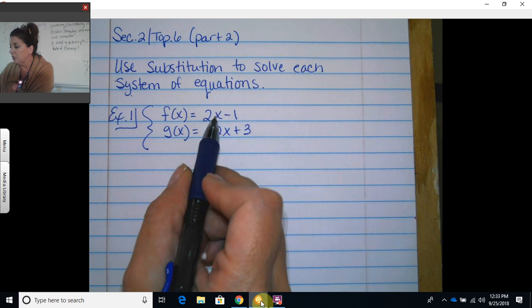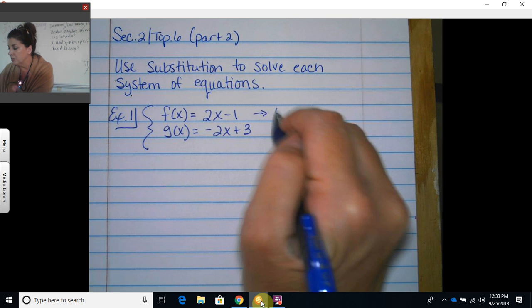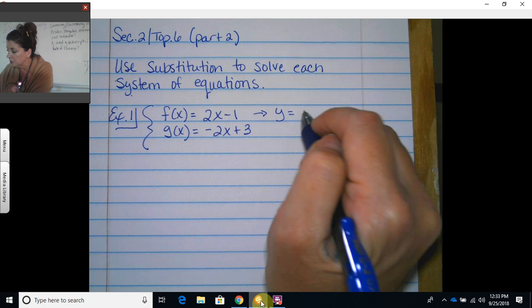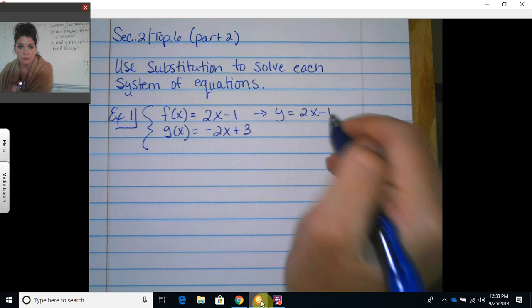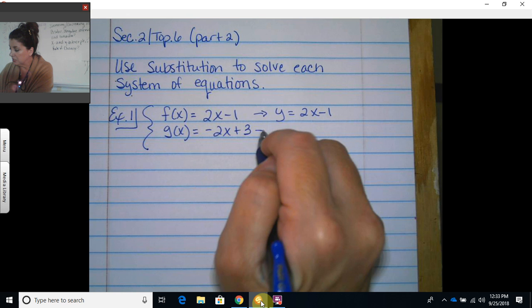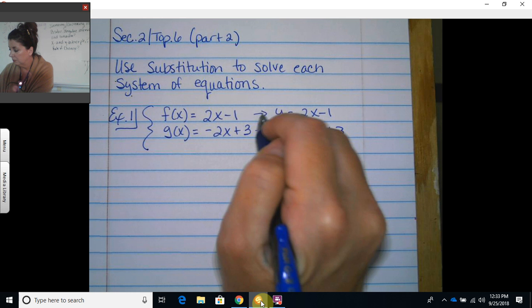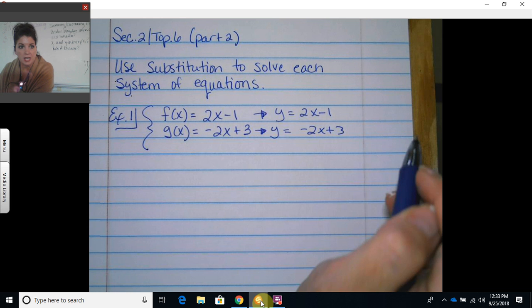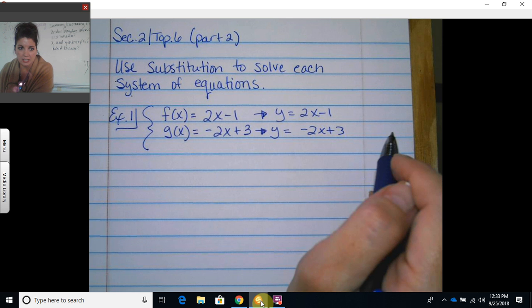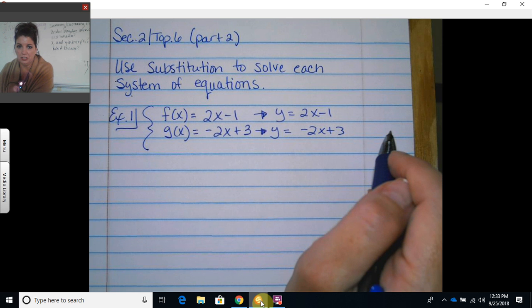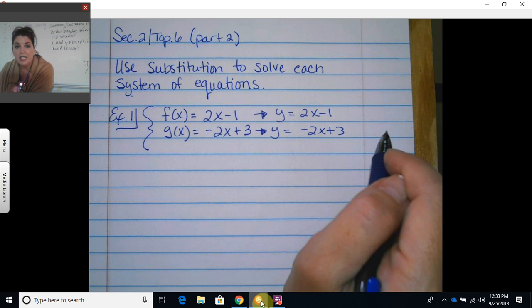But could we rewrite that as y equals instead of f of x equals? Yeah. And instead of function g of x, I'm just going to write that as y equals negative 2x plus 3. And you don't have to do that, but to me it just makes it less confusing instead of the function notation.